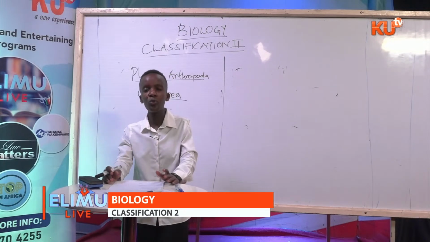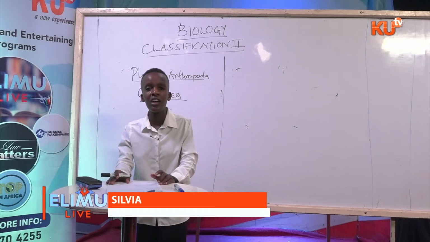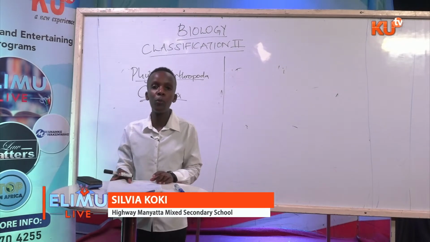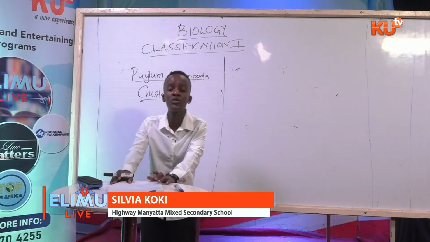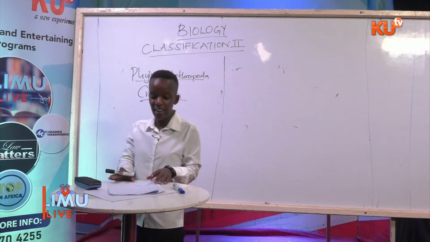Another key question which we tend to ask under the Phylum Arthropoda is differentiate class Chilopoda and class Diplopoda. When you are told to differentiate those 2 classes, this is what you are expected to answer, learners.